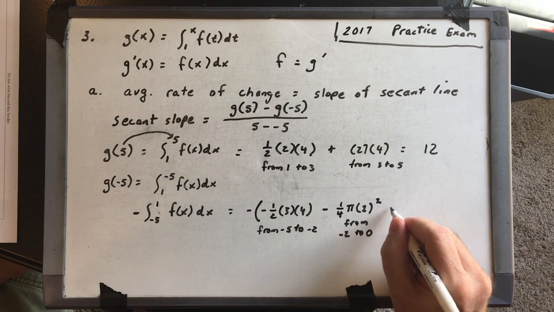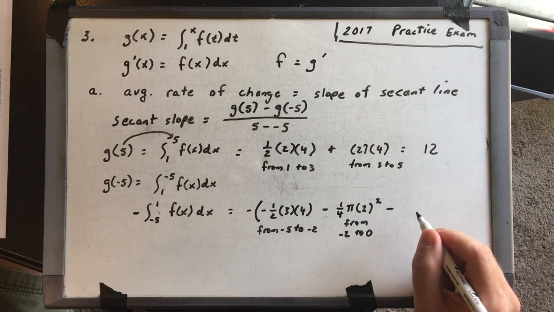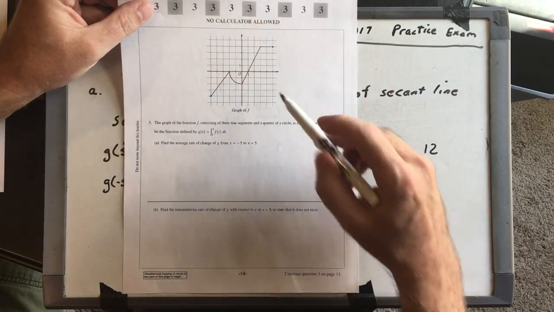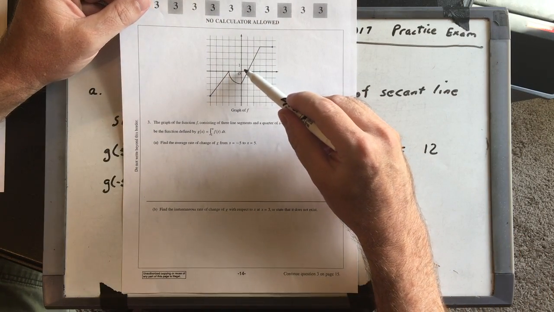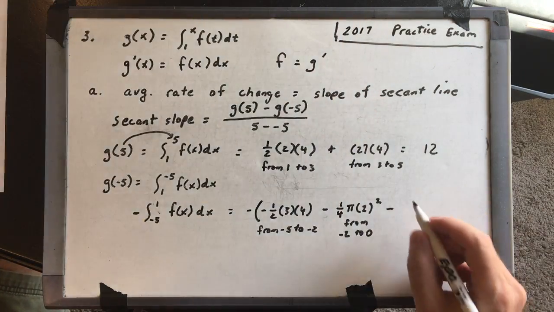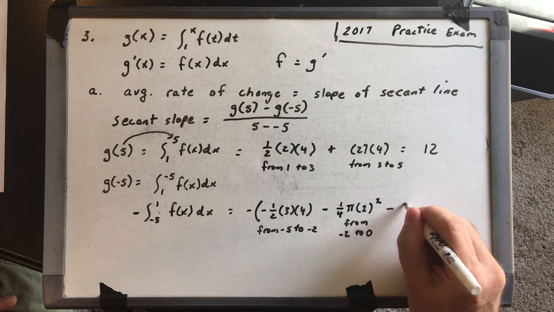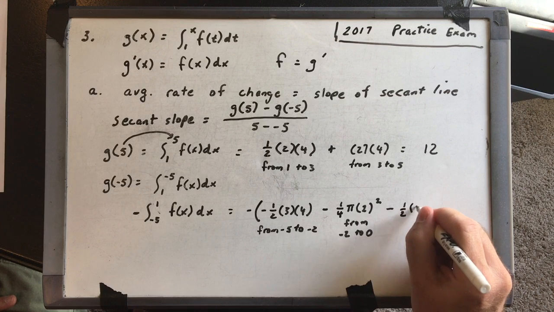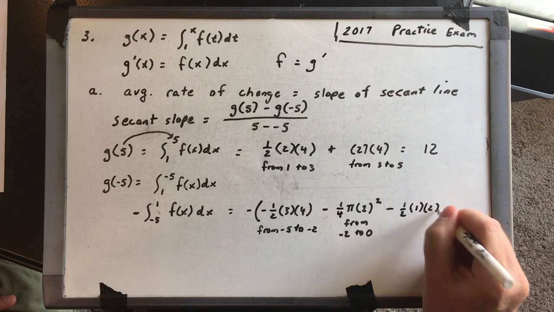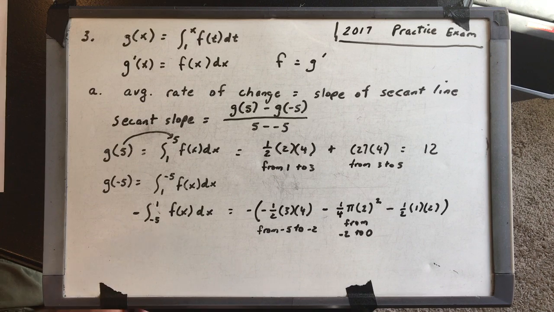And then from 0 to 1, so all of this is below the x-axis. From 0 to 1, we've got another triangle. The base is 1, the height is 2. Since it's below the x-axis, it's negative, so 1/2, base of 1, height of 2. So what a mess.